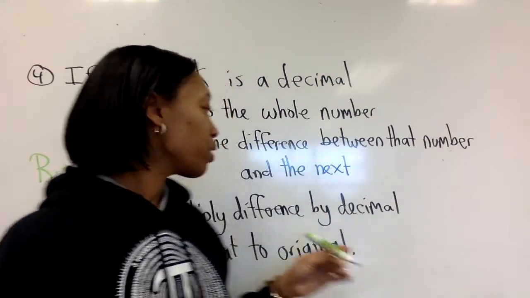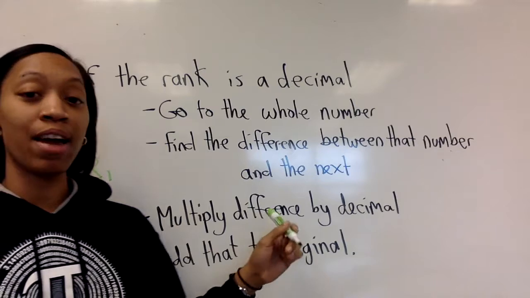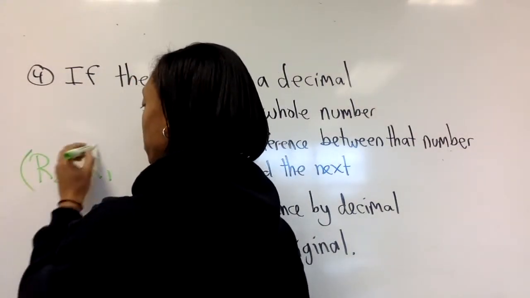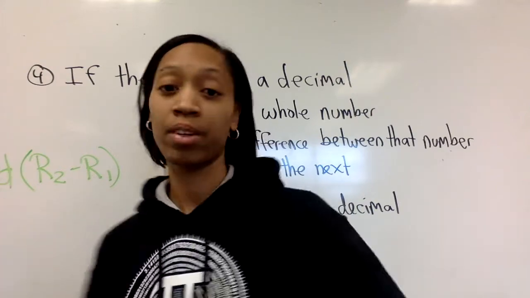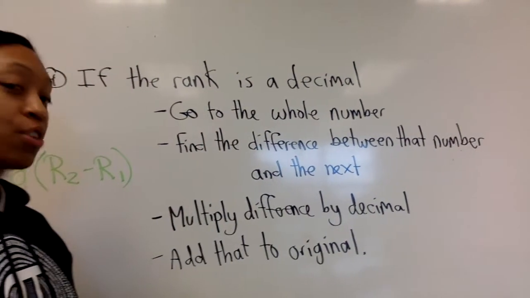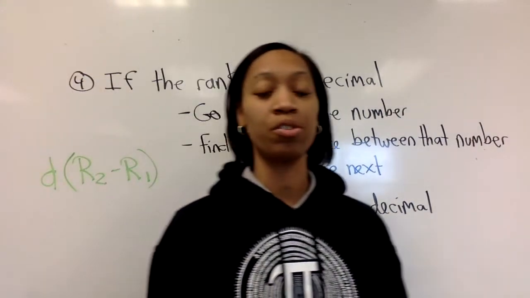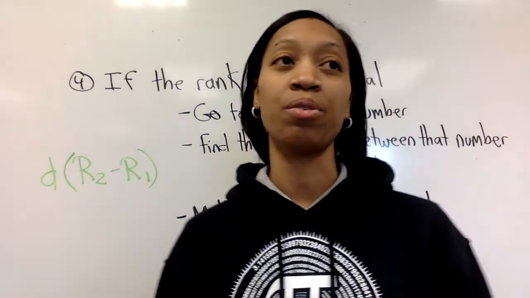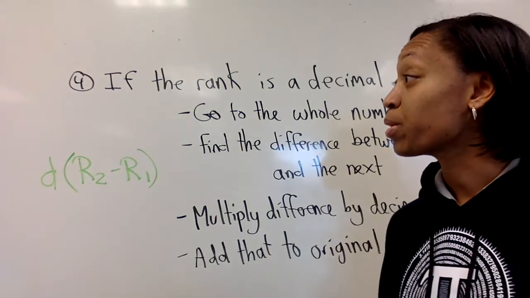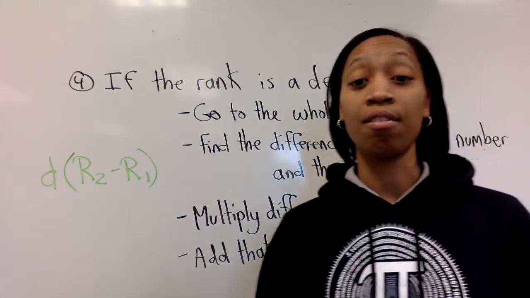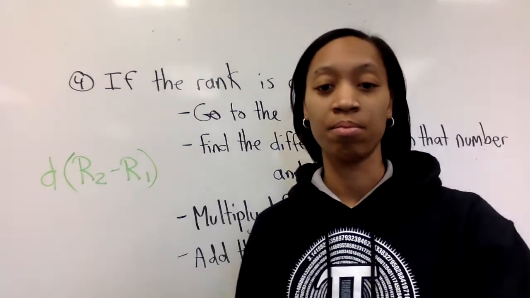So you're going to subtract those and then multiply that difference by the decimal. I'm just going to call that D. That's going to tell you how far it is between the two numbers, and then you'll add that value to the original. That will make a lot more sense when we look at an example of how to do this.